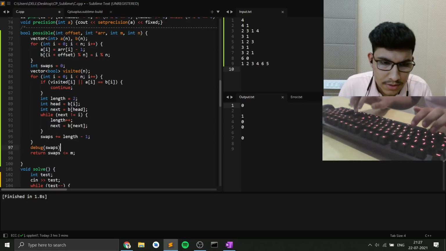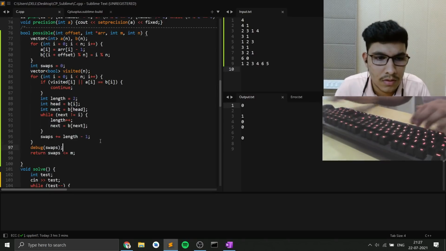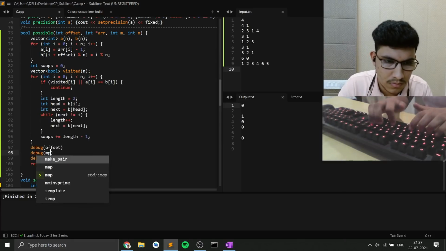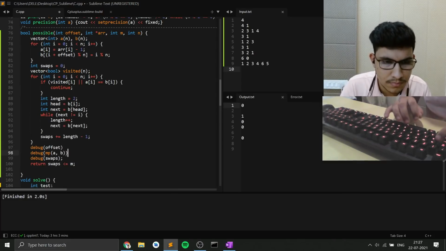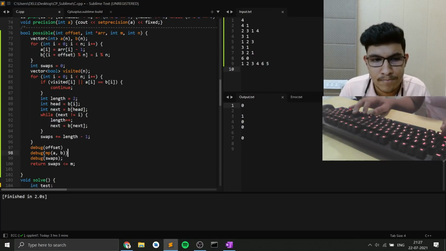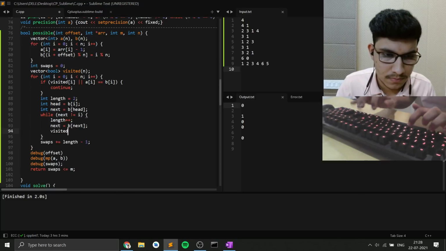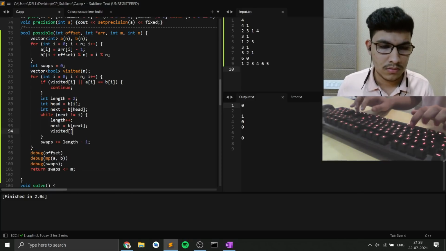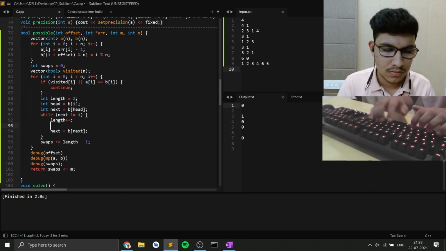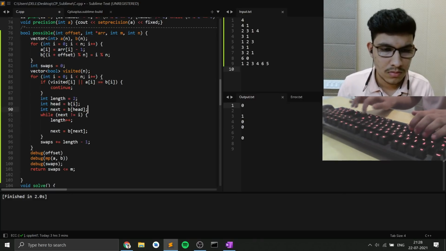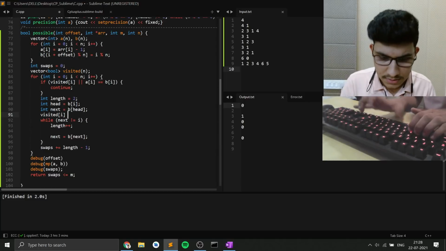So let's just debug swaps here. Okay, I also need to do visited, right? Visited at I equals to true.